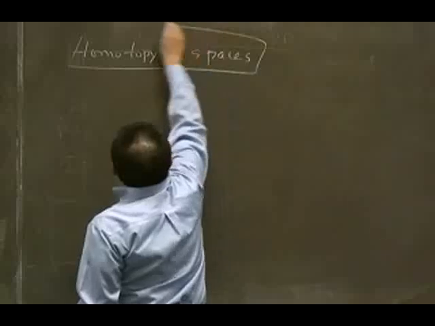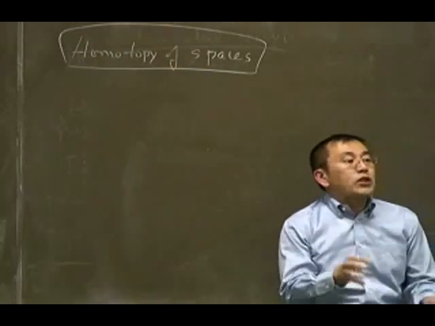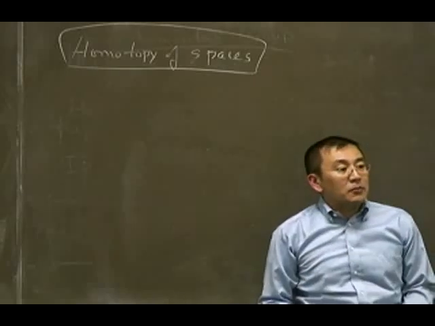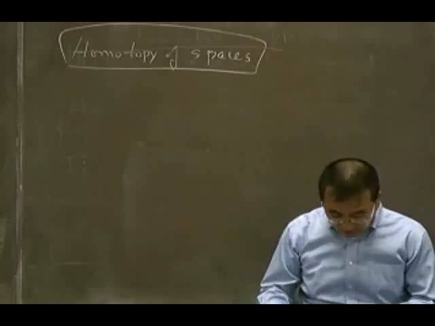The homotopy type of a space is a little bit coarser classification of spaces compared to the topological classification, as I'm going to explain now.